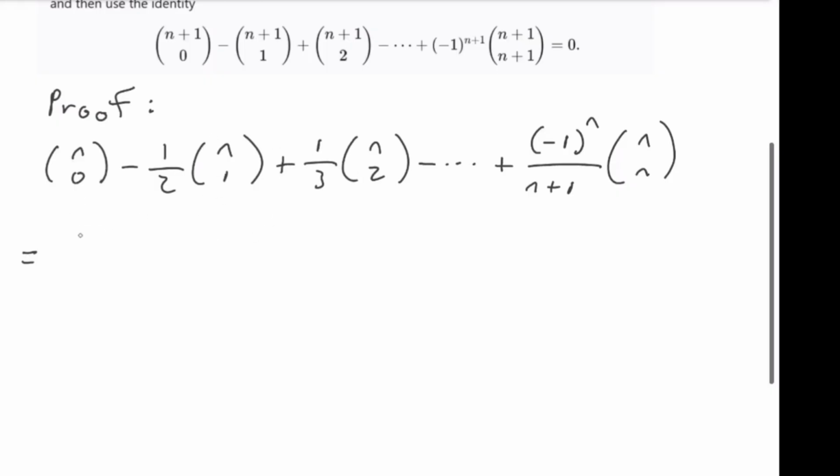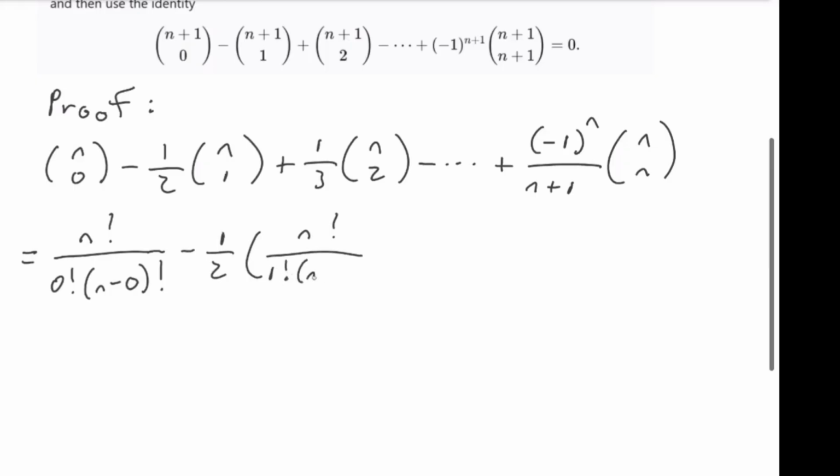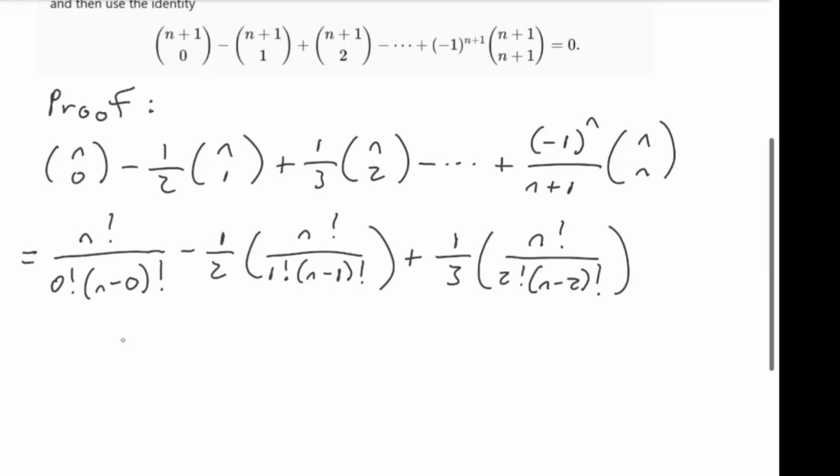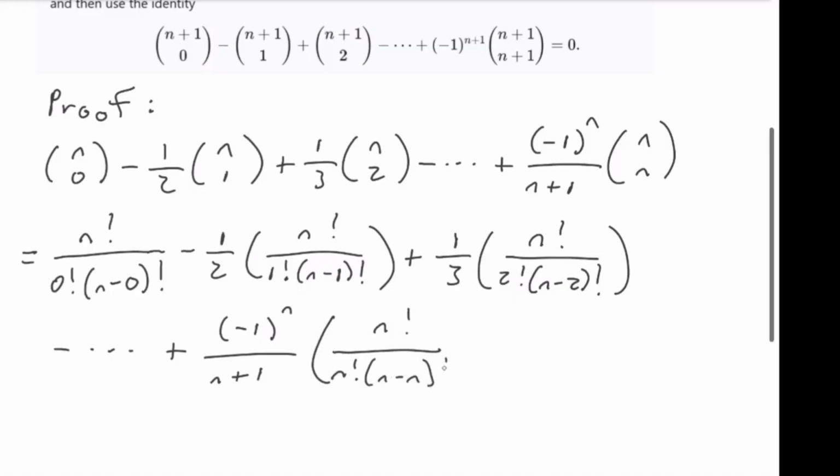So this will be n factorial over 0 factorial, n minus 0 factorial, minus 1/2 times n factorial over 1 factorial, n minus 1 factorial, plus 1/3 times n factorial over 2 factorial, n minus 2 factorial, and then minus dot dot dot plus negative 1 to the n over n plus 1 times n factorial over n factorial, n minus n factorial.